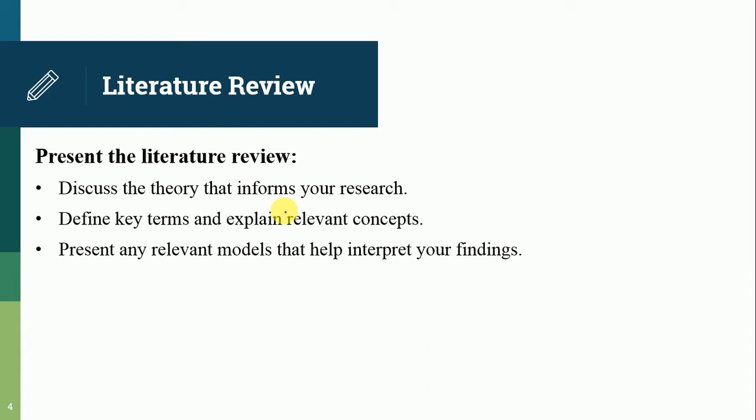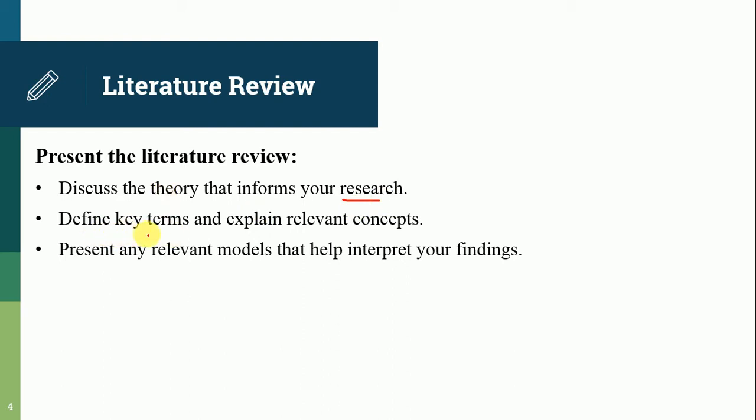Discuss the theory that informs your research. In the literature review, you have to discuss the theory that informs your research. You should talk about the theory, the idea, the opinion which is available on your research. Make mention of it in your literature review. Define key terms and explain relevant concepts.